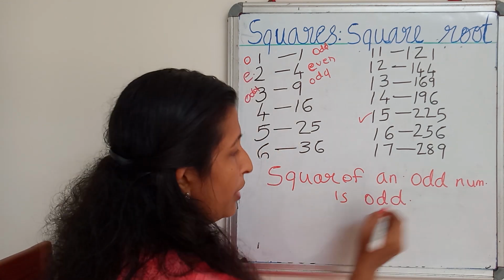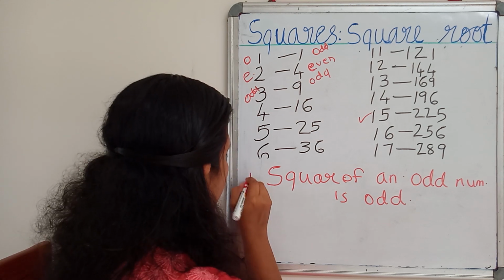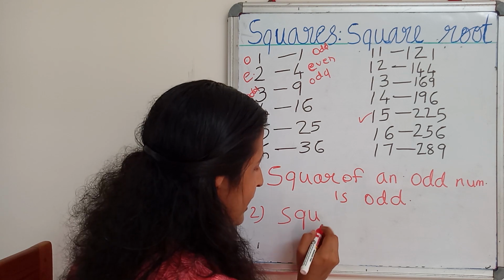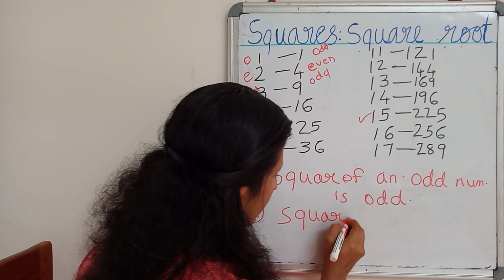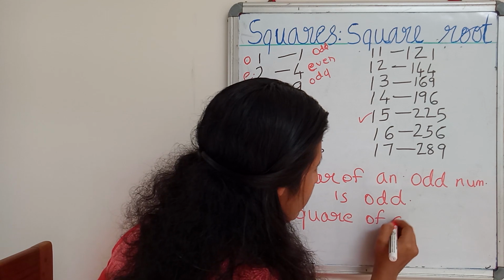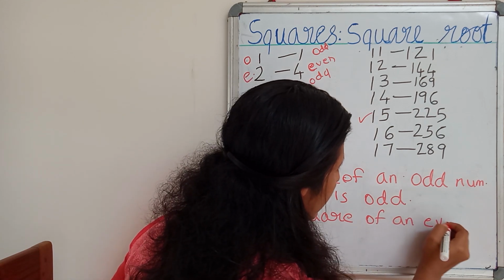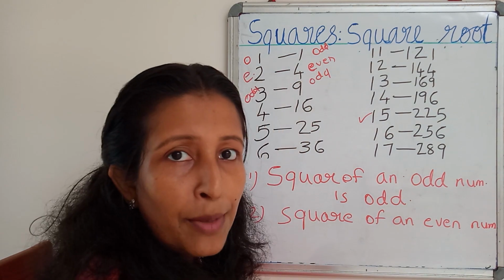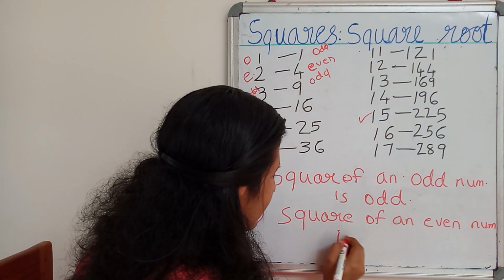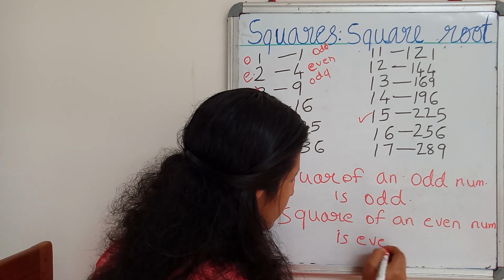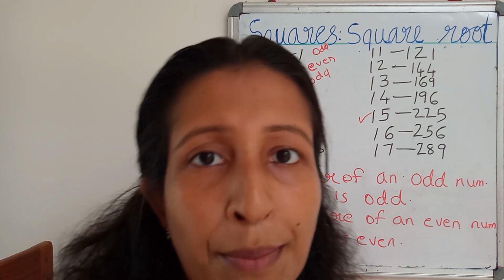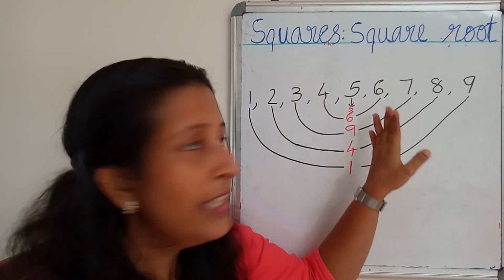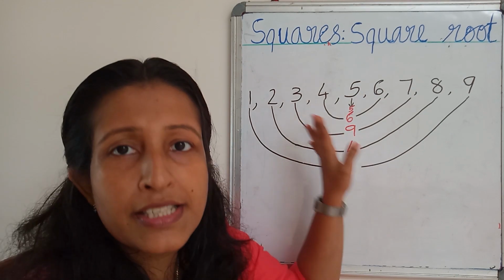The square of an odd number is odd and square of an even number is, what is the answer? Square of an even number is even. So we have studied many properties here. See, learn this picture by heart, then it is very easy for you to understand the property.